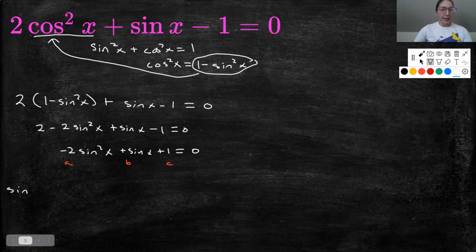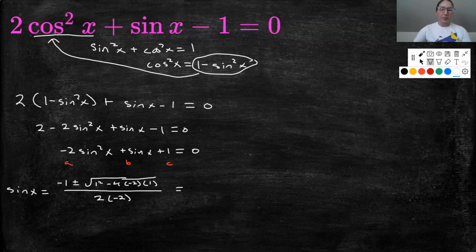So sine of x then is going to be equal to negative b, b is 1, negative 1 plus or minus the square root of b squared, b is 1, minus 4 times a times c. All of this is going to be over 2 times a. And we simplify.